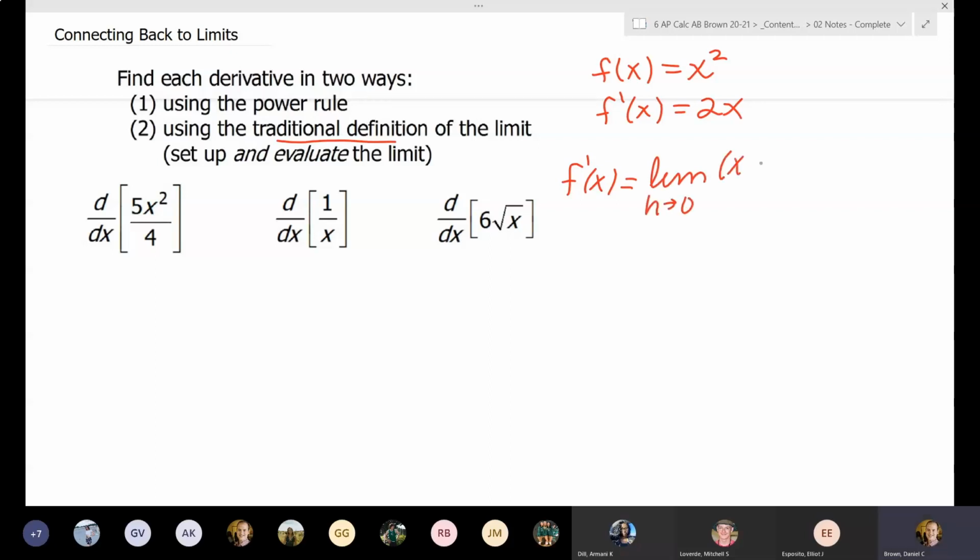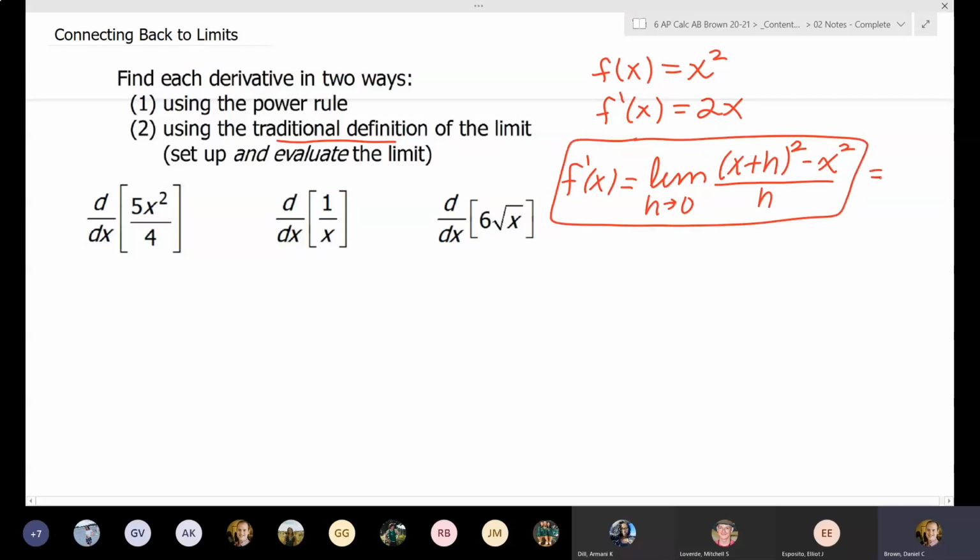So if I worked out this limit, which I'm not going to right now, this limit expression, when you work it out, is equal to 2x. So that's where those rules are coming from. Again, I just need you to be able to find a derivative, and once you know the rules, no one's going to take the time doing the limit expression for it.